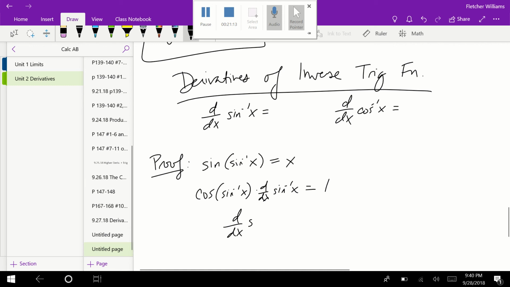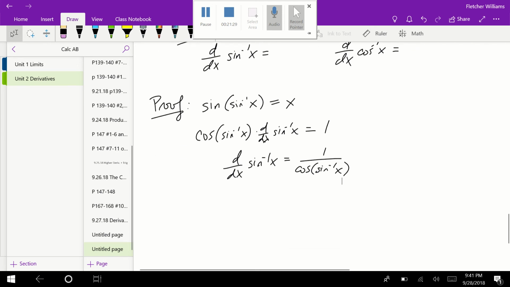So the derivative of inverse sine x is 1 over cosine of inverse sine x. Let's not leave it like that. Remember, the inverse sine function is asking what angle did you take the sine of to get x? So it gives you an angle. Let's say theta is that angle.